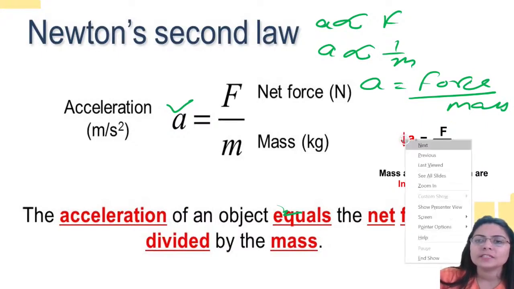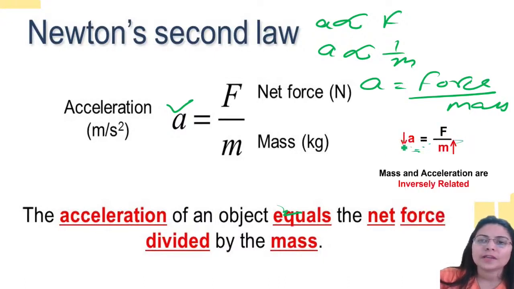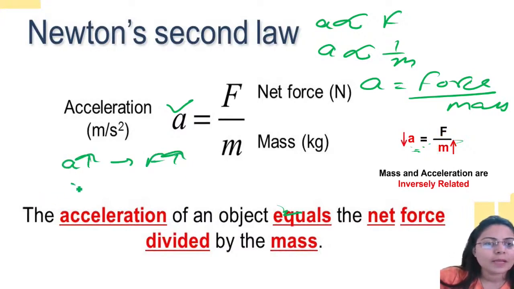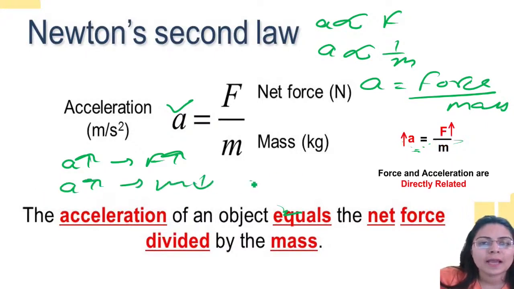If acceleration is increasing, force is increasing. If acceleration is decreasing, force is decreasing. If acceleration is increasing, mass is decreasing. See, 1 upon 2 and 1 upon 2. So if my acceleration increases, my force will increase. If my acceleration increases, then my mass will decrease, and vice versa.